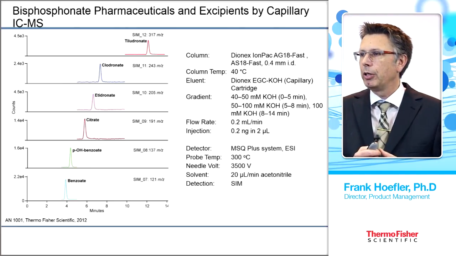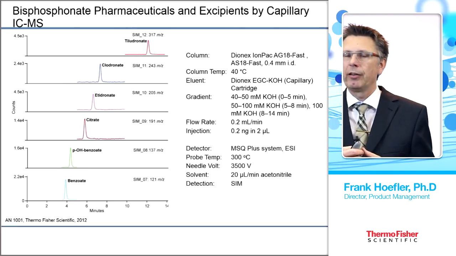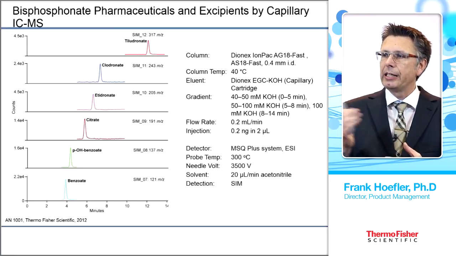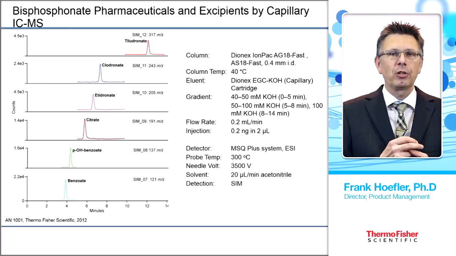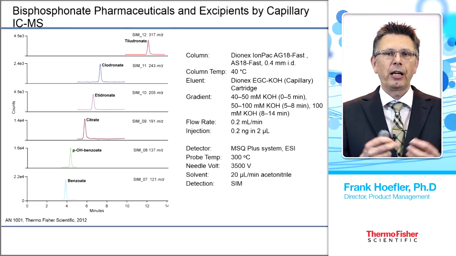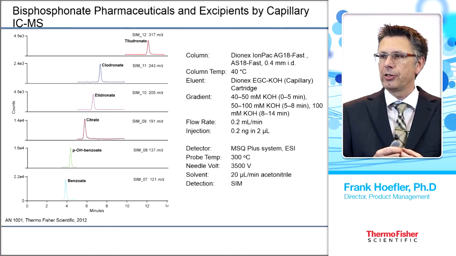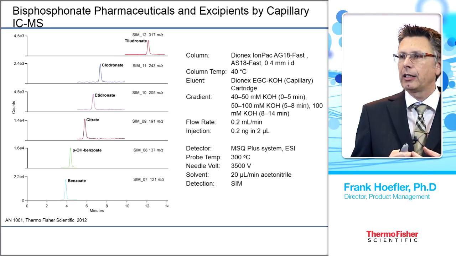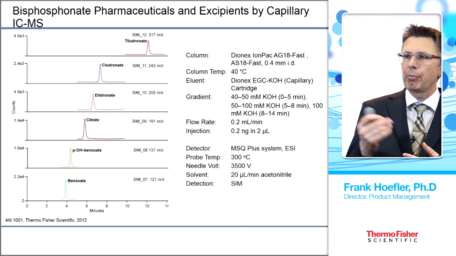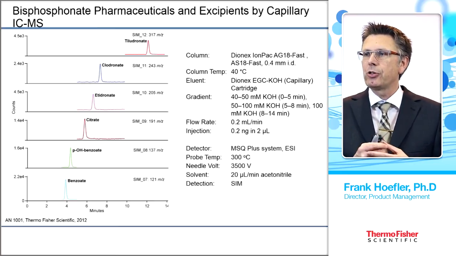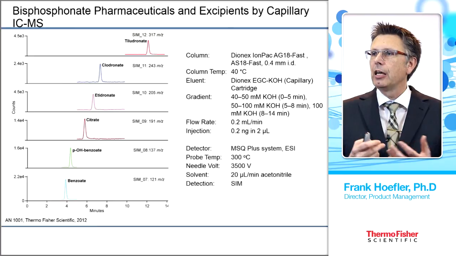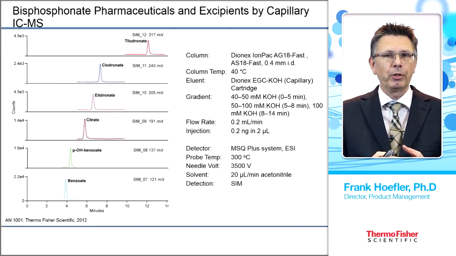So in this example, we are using a capillary column with a flow rate of 10 microliters per minute, and we are adding 20 microliters of acetonitrile to enhance the electrospray ionization process in this example. And we are able to separate different organic acids here, like benzoate, hydroxybenzoate, then citrate, and other ions here as well in this example.